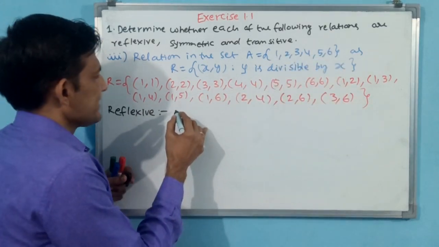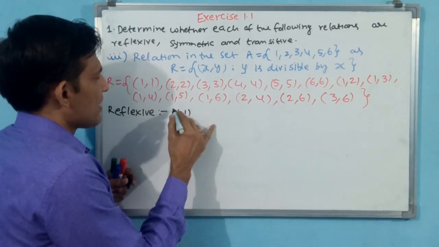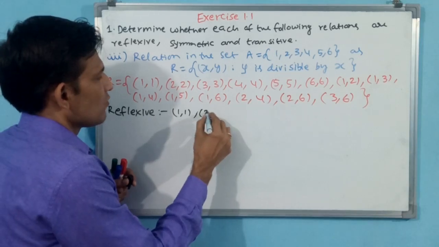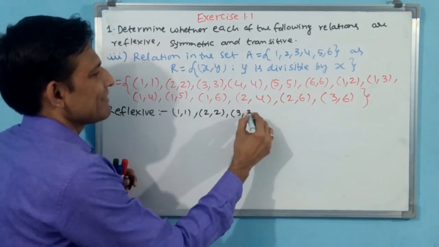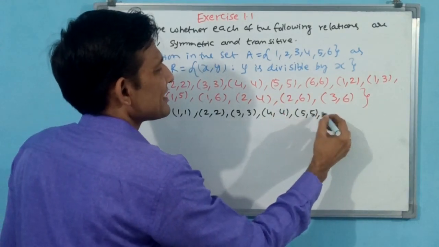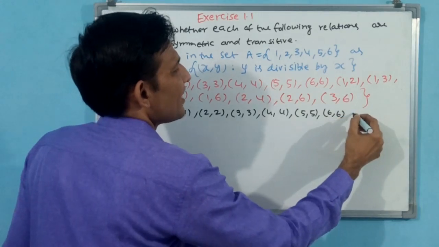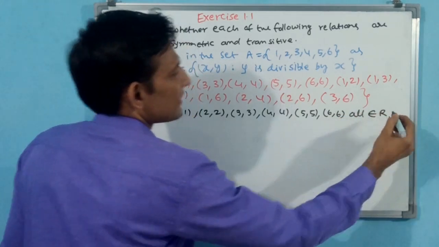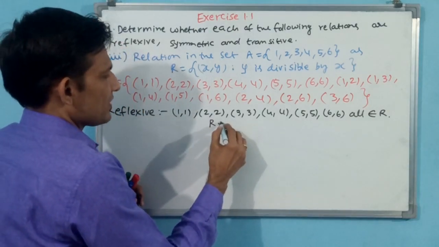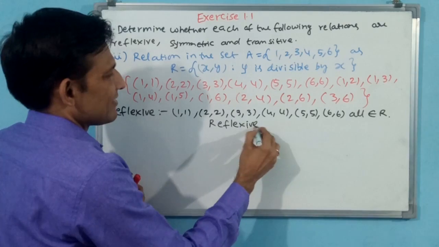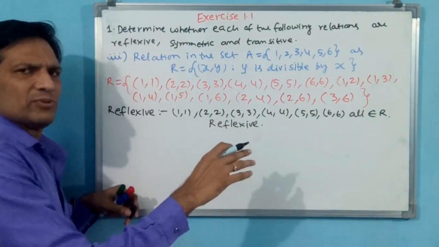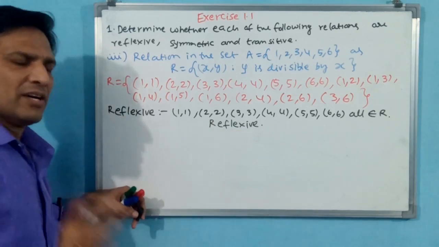You write like this: 1, 1, 2, 2, 3, 3, 4, 4, 5, 5, 6, 6, all belong to R. That is why reflexive. You can write whatever you want: this is a reflexive relation, or reflexive.